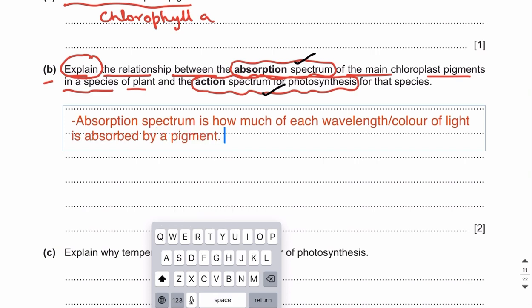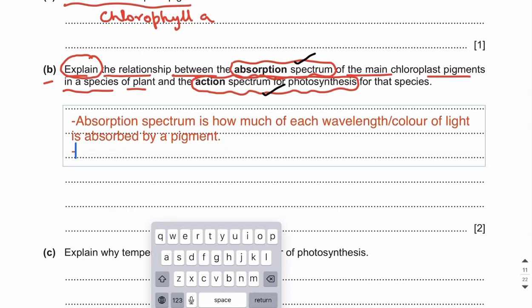We can also write that absorption spectrum is the amount of absorbance of each wavelength of light by a pigment, right? And how do we define action spectrum? Action spectrum is the rate of photosynthesis at each or different wavelength of light.